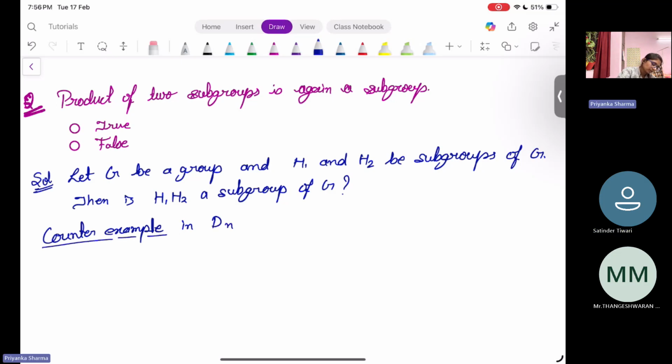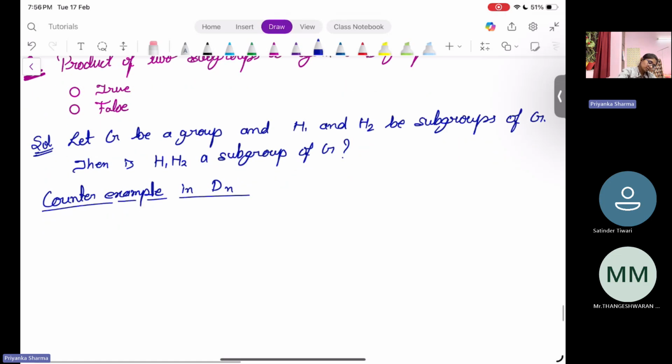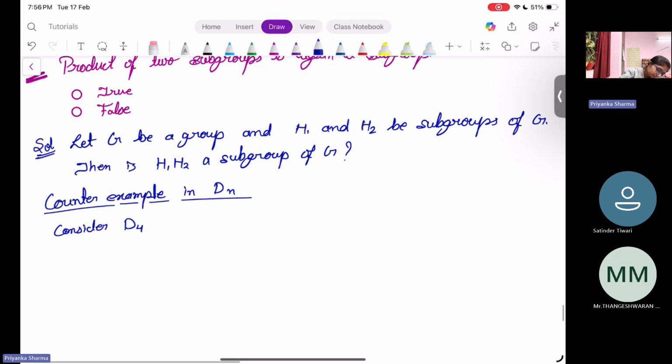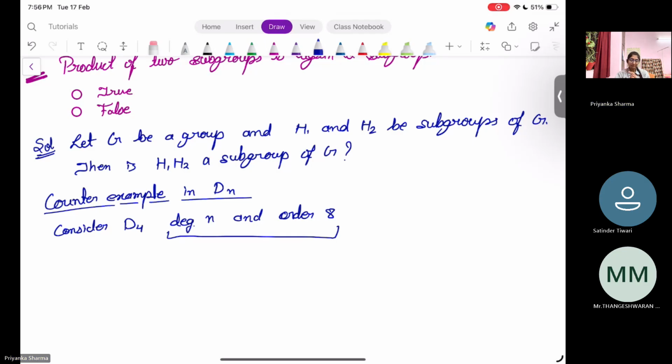So we can find counterexamples in Dn. Consider D4. What is D4? This is the dihedral group of degree 4 and order 8. Degree 4 means this will be the group of symmetries of a square, and it will have 8 elements.